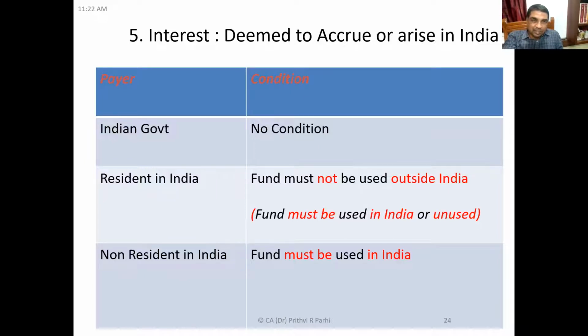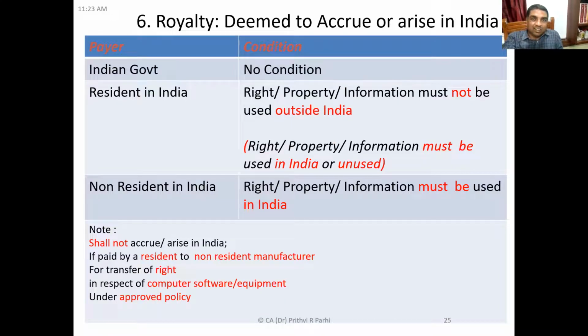Yes, sir. Similar conditions are there regarding royalty payment. Here also you have to see who is the payer. If the payer is an Indian company, no condition. If a resident in India, then you have to see that the right, property, or information for which royalty is paid must not be used outside.